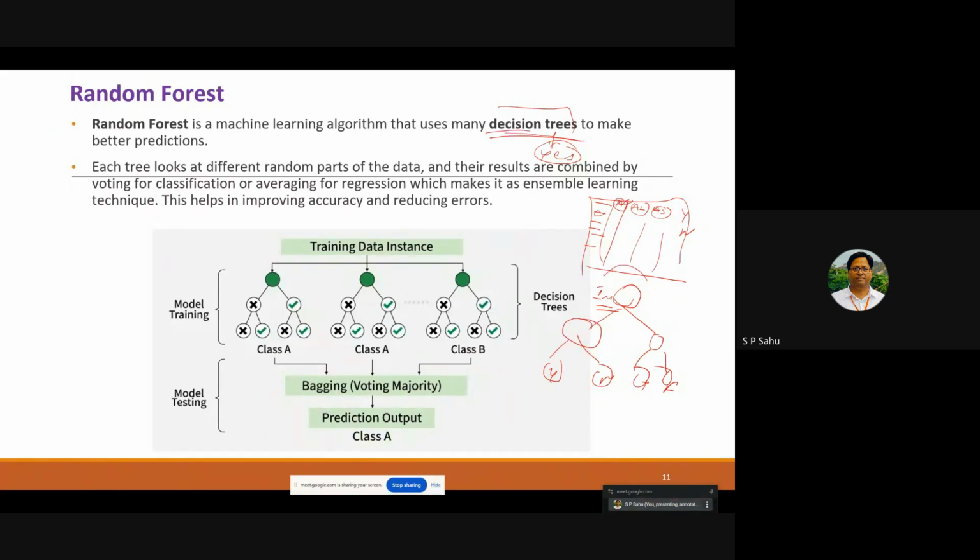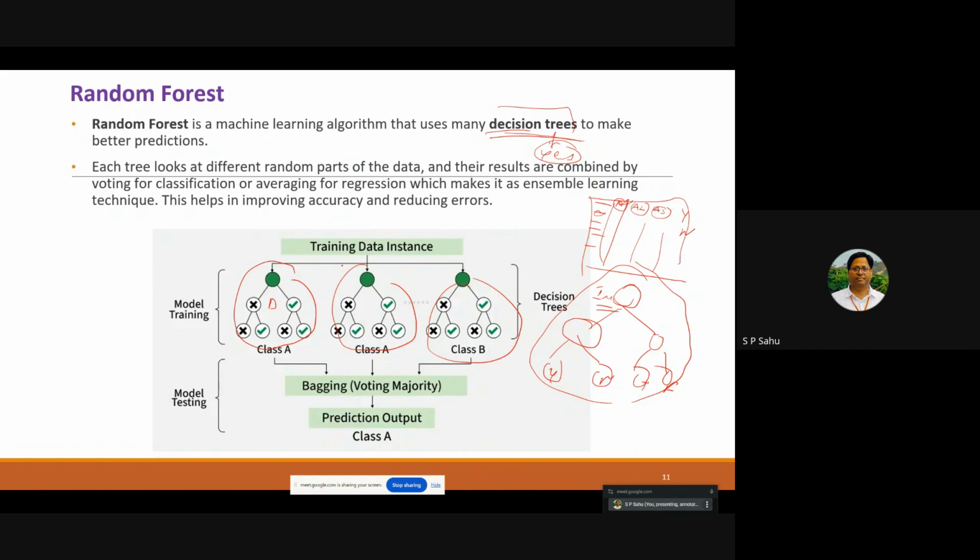So basically, these individual decision trees are to be aggregated. One decision tree, two decision tree, and three decision tree, DT1, DT2, DT3, whatever.